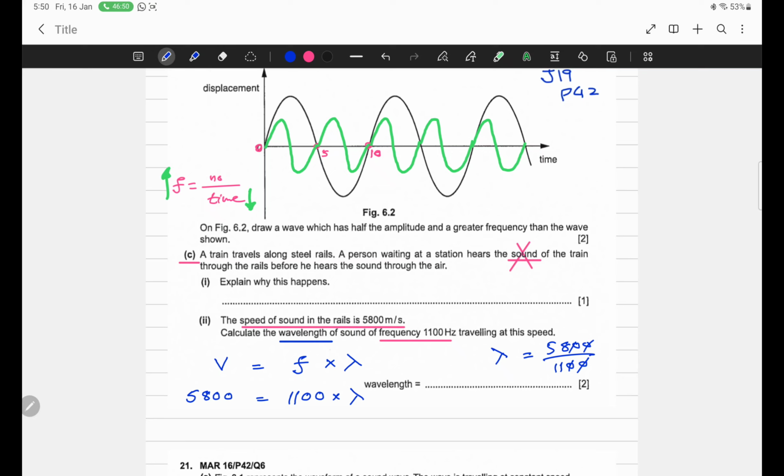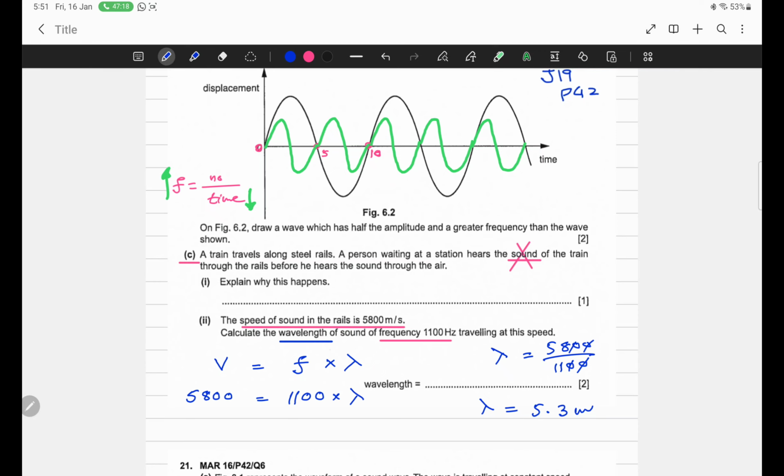Then, what is the answer? 5.27 or 5.3 meters. Okay.